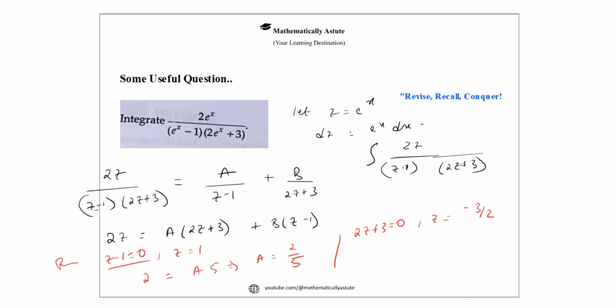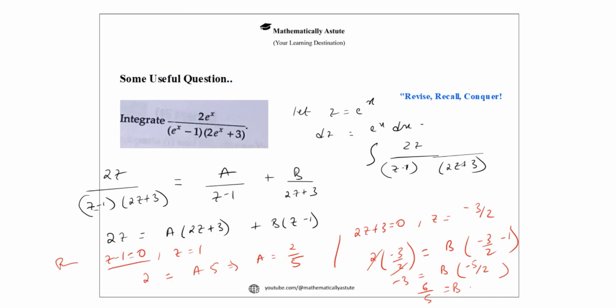So this would be 2 times minus 3 by 2, that is minus 3, equals B times (minus 3 by 2 minus 1), again. So this will be minus 3 equals B times minus 5 by 2, and this would be 6 by 5 equals B.